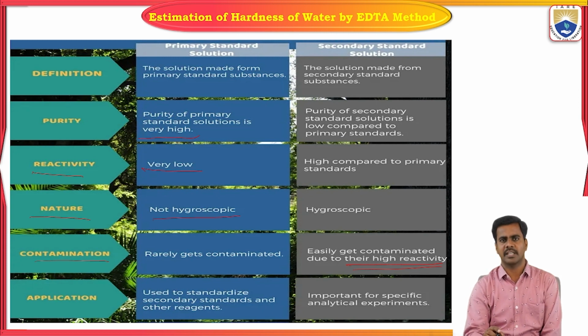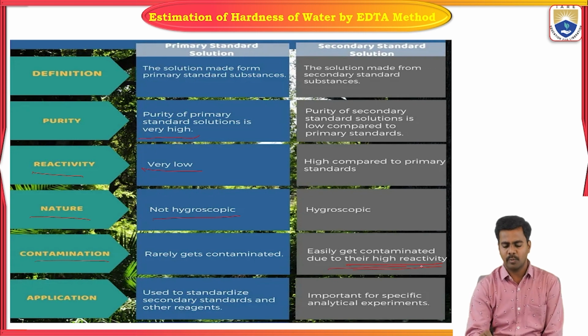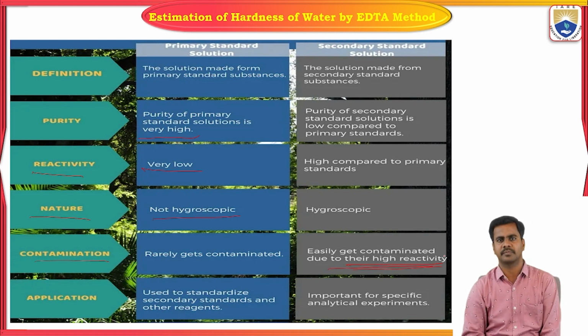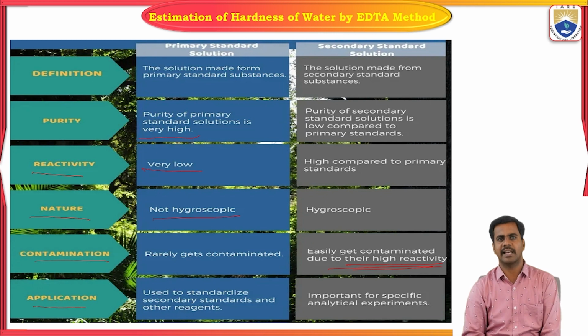That's why they are always trying to gain stability by reacting with other substances, so ultimately they get contaminated. Coming to applications, primary standards are used to standardize secondary standards and other reagents. Secondary standards are important for specific analytical experiments.